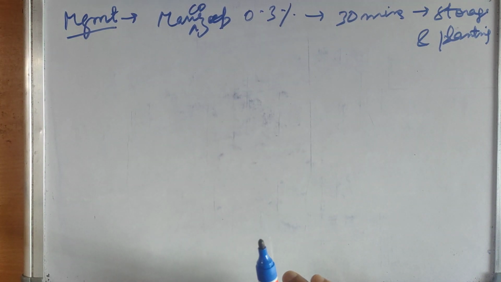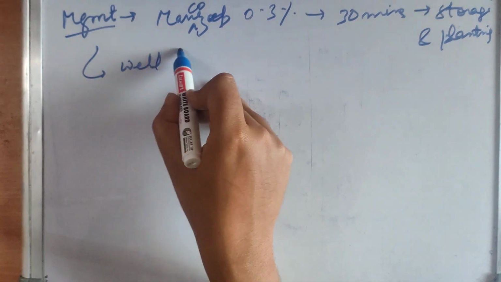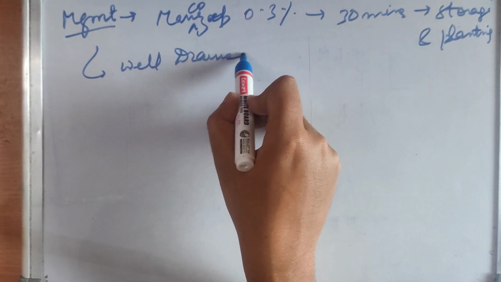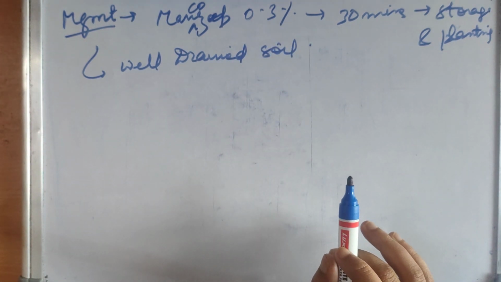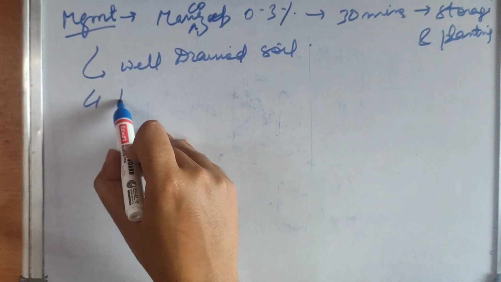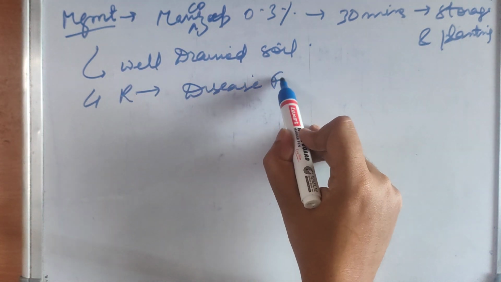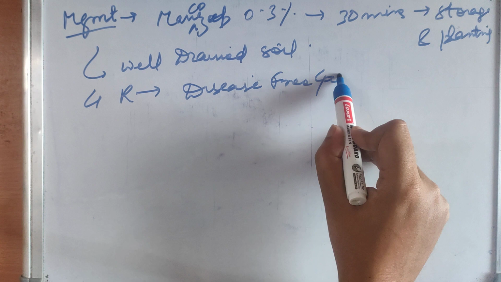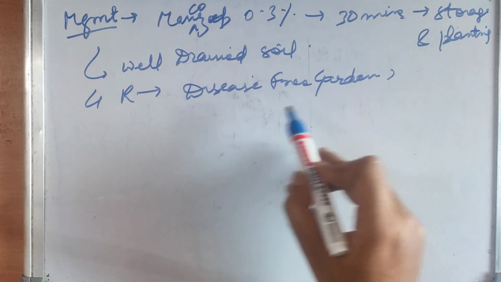Cultural practices such as selection of well-drained soil for planting. Seed rhizomes are to be selected from disease-free garden. Some disease is also seed-borne.